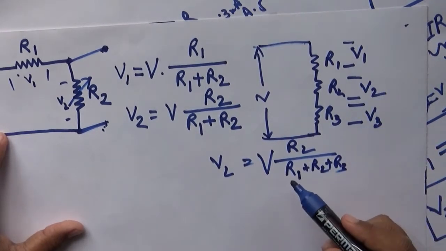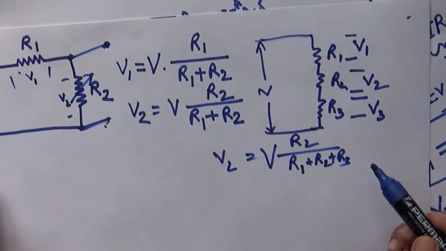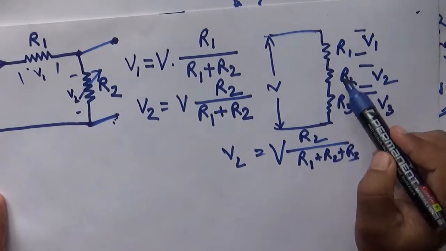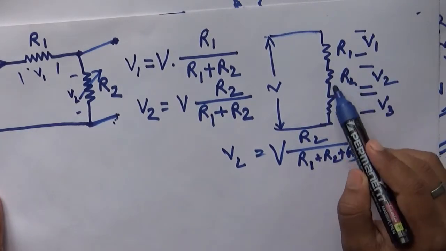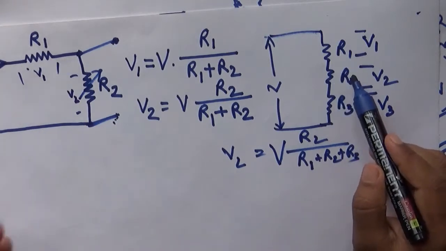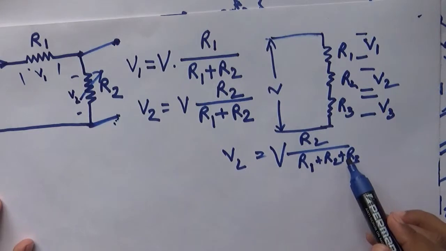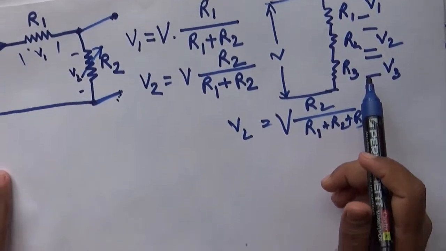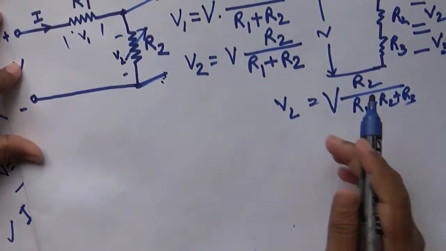Simple. The voltage across a resistance is that resistance divided by the sum of all resistances, times the supply voltage. This is the formula.